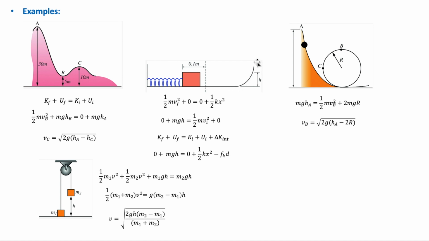And at the final position, there is no kinetic energy, we have only potential energy. So from this equation, you may find now the maximum height reached in the case when there is friction along this horizontal track, okay?